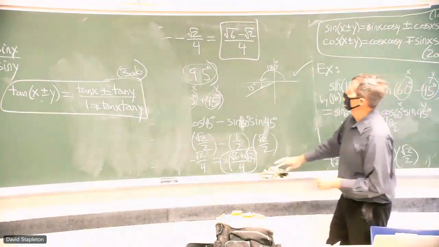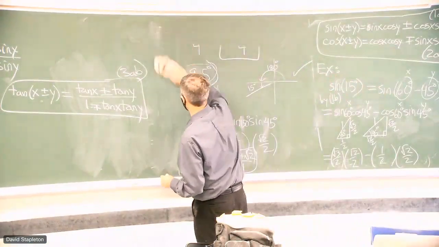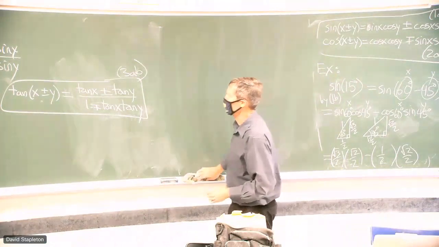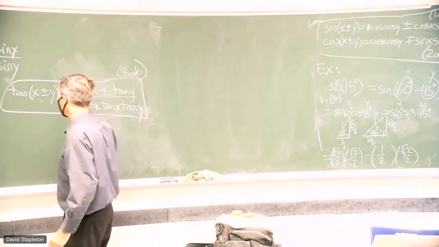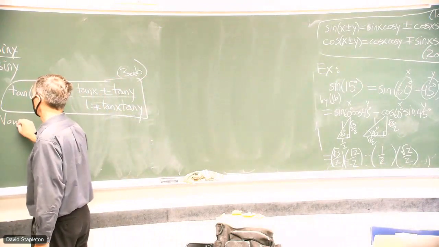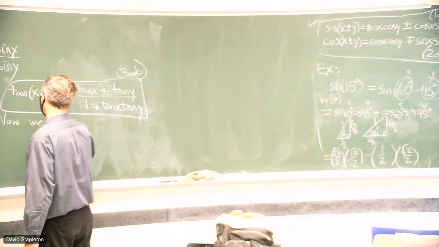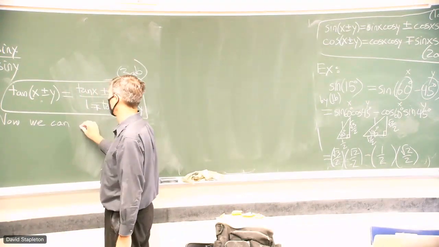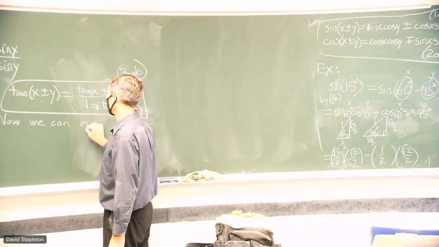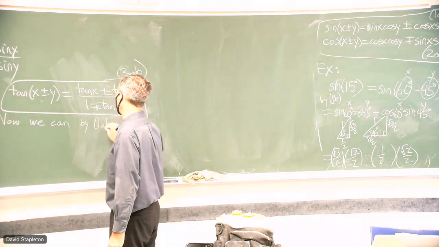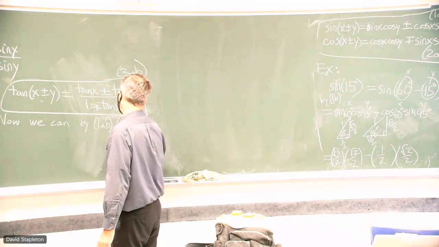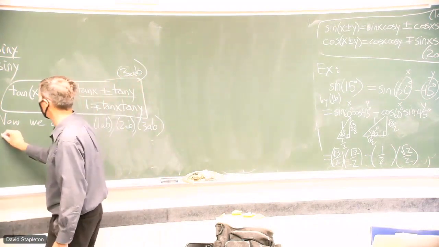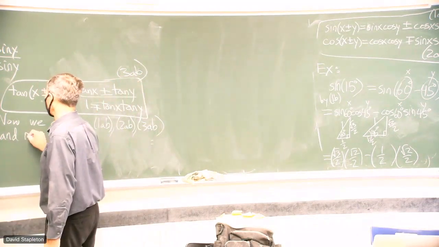Let's see if we can compute the tangent of some sort of angle with a multiple of 15 degrees. Let's make this comment first. Now we can apply these three equations, 1AB, 2AB, and 3AB combined, and their reciprocals. The reciprocal identities.